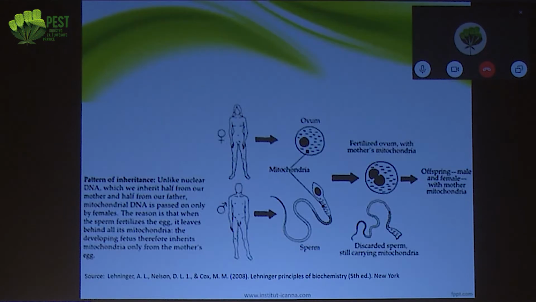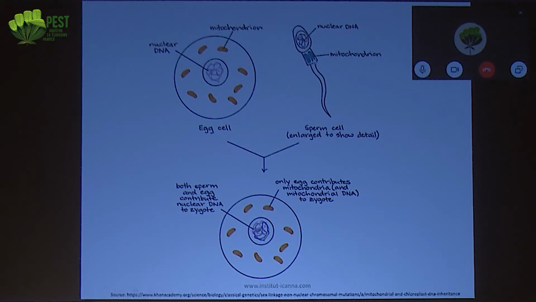Another important point, from the medical point of view, is how these mitochondria are being inherited. We know that the vast majority of the mitochondria are in the neck of the sperm, not the head, and when the sperm enters the egg, this part where the mitochondria are is lost.